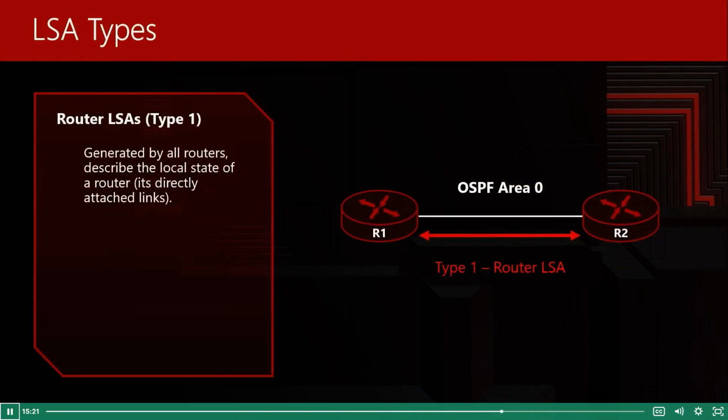The first type is the LSA type 1, and these are generated by all the routers and describe their own information, and it is going to be broadcast to everybody else on that particular link.